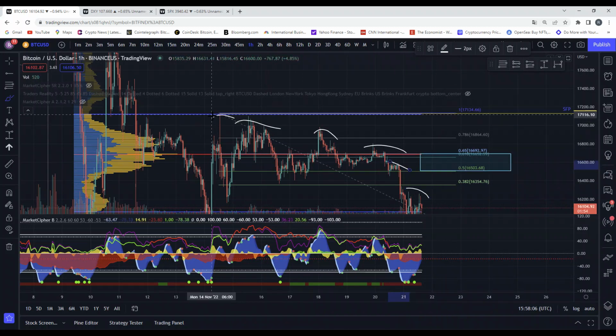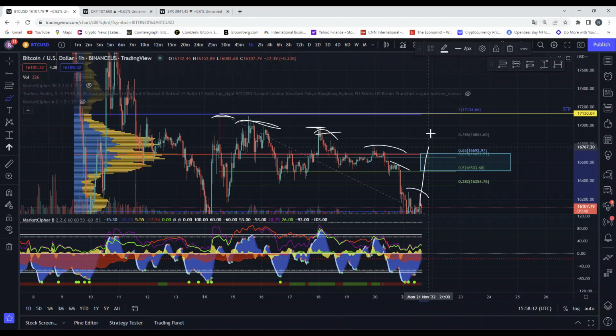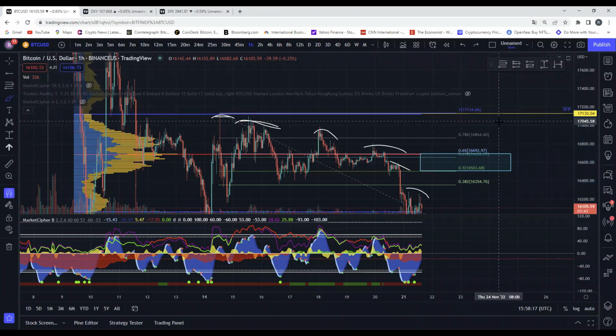So people take their short here or here or here and put the stop loss just at this top, and if then the price pumps up, it takes out all of those stop losses and then goes lower again. That happens quite a lot, so that actually would be very nice to see if that happens.